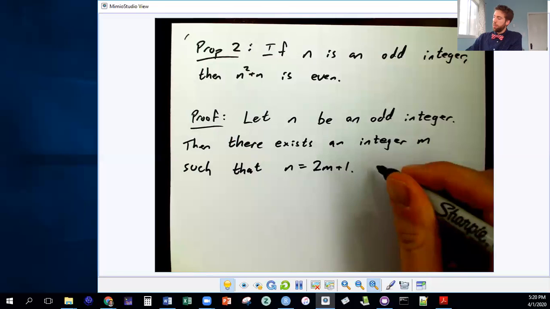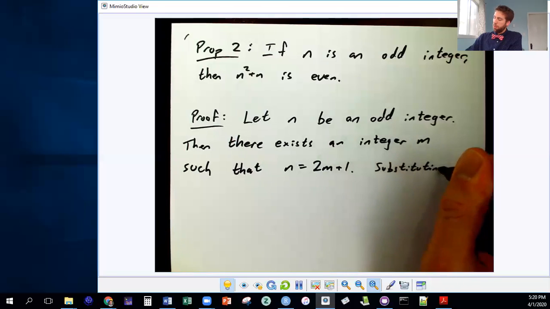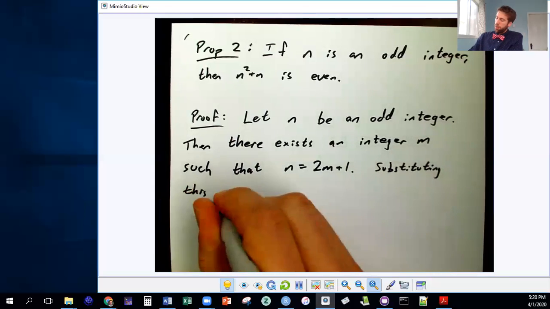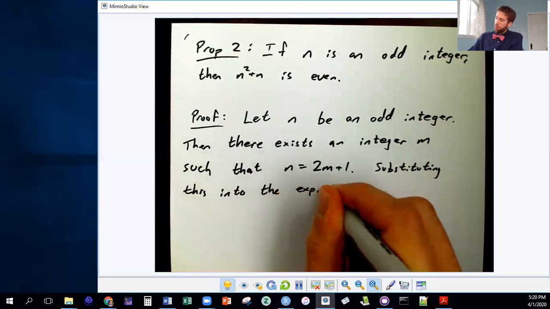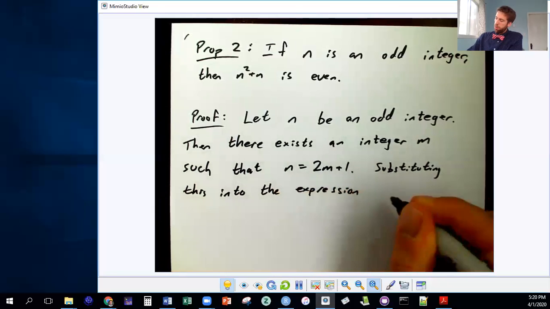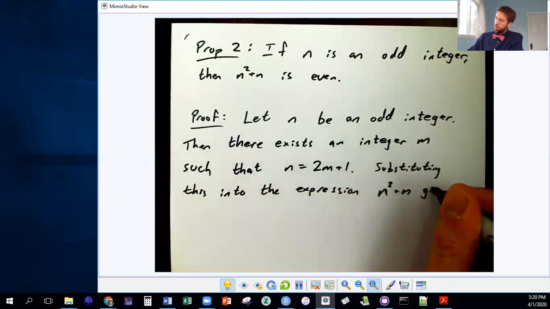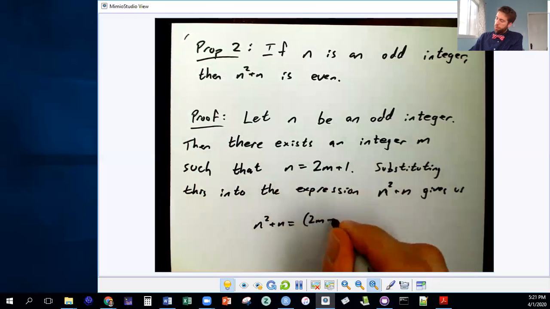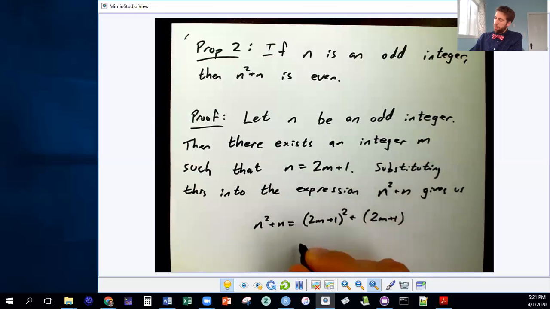So substituting this into the expression n squared plus n gives us n squared plus n equals (2m plus 1) squared plus 2m plus 1.